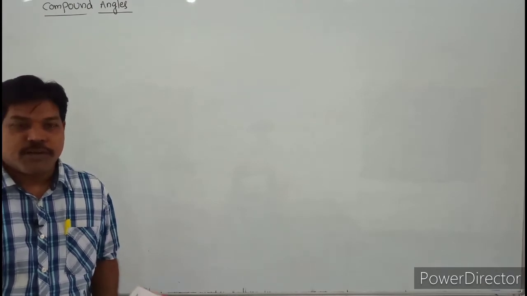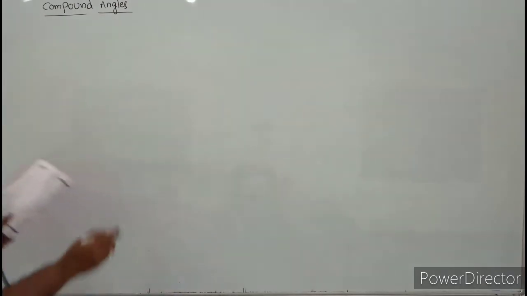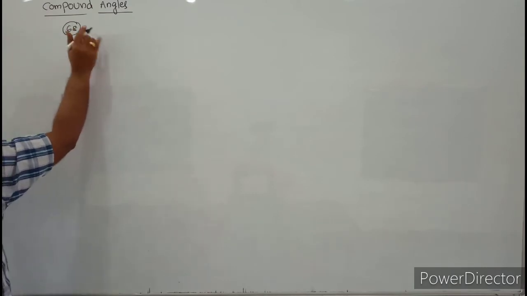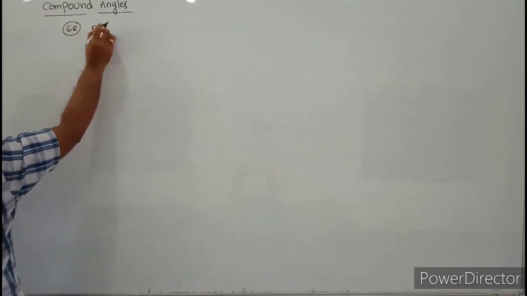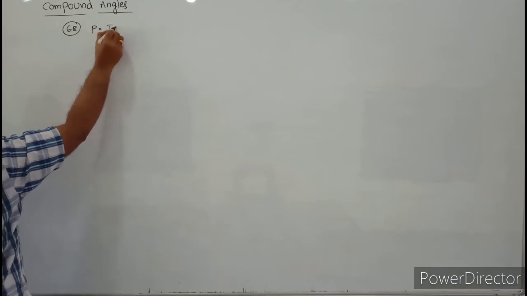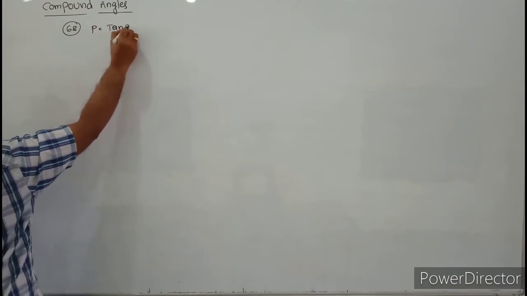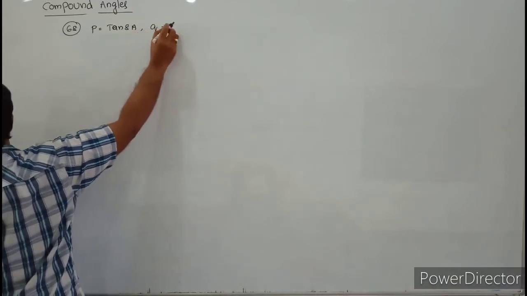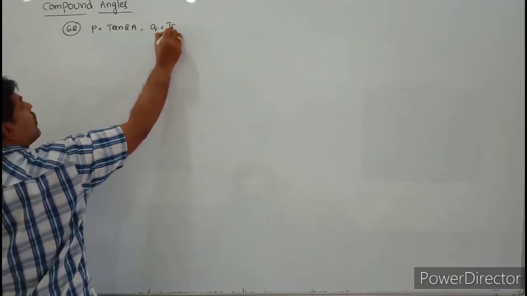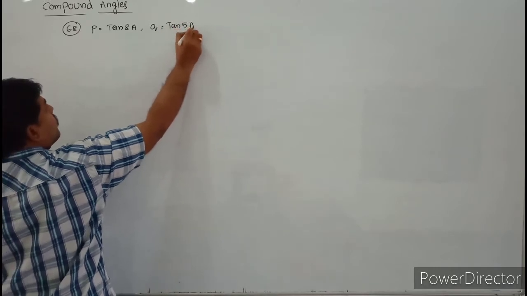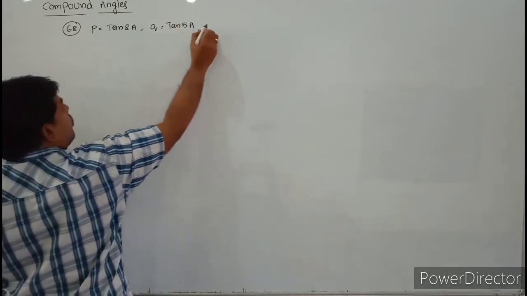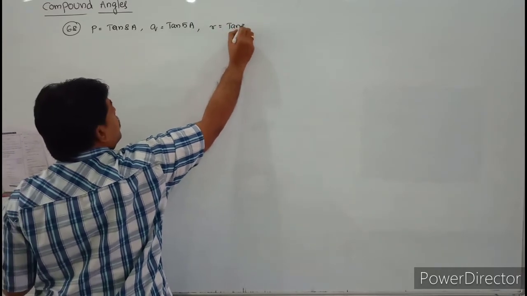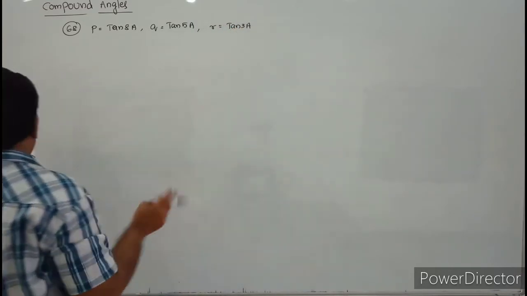See the next question, question number 68. So what is question number 68? See, students, what they are giving: p is equal to tan 8a, q is equal to tan 5a, r is equal to tan 3a.